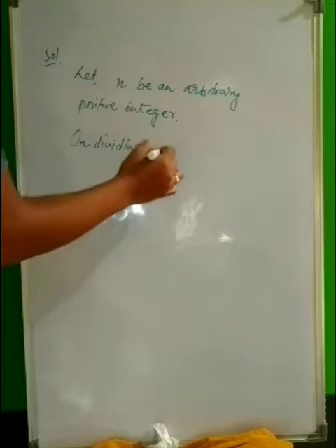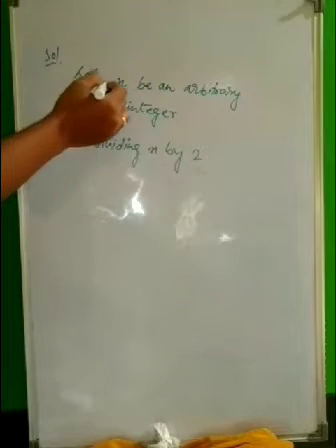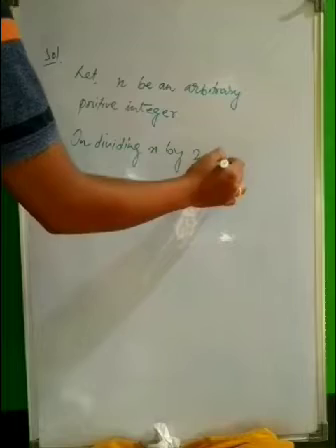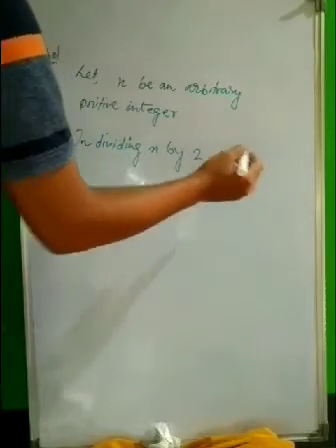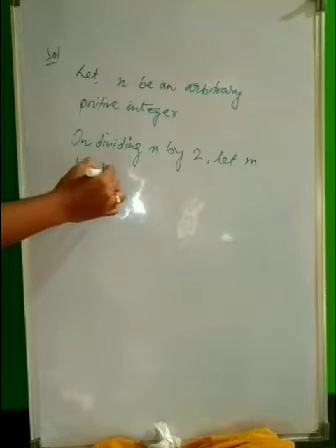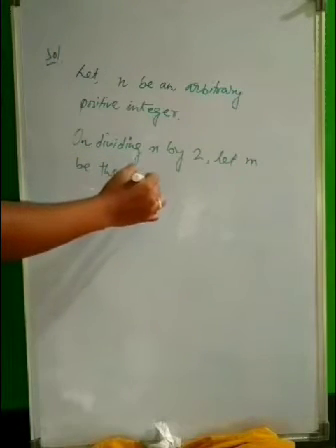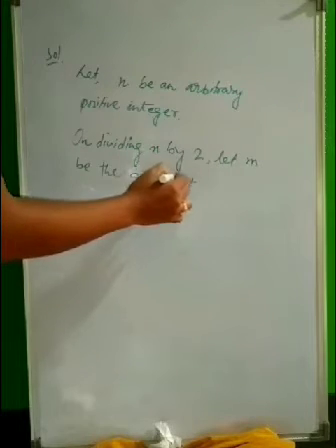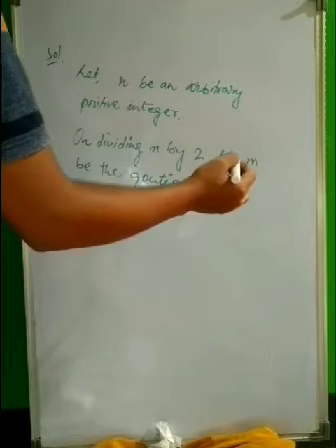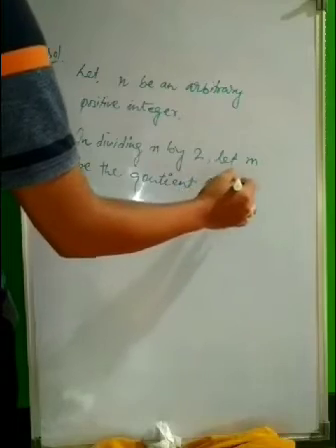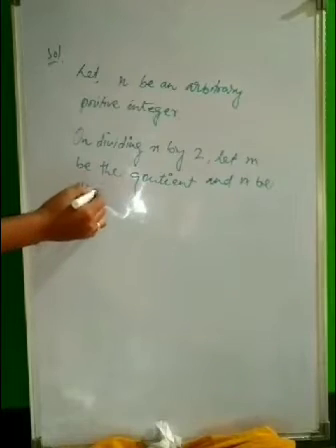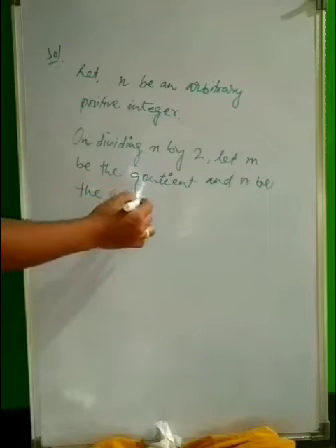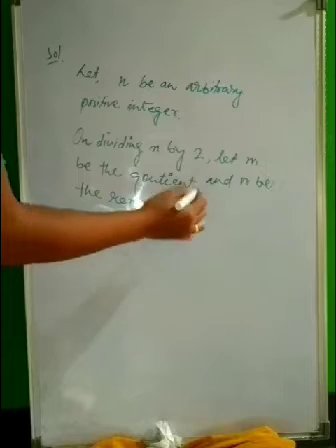On dividing n by 2, let m be the quotient and r be the remainder.